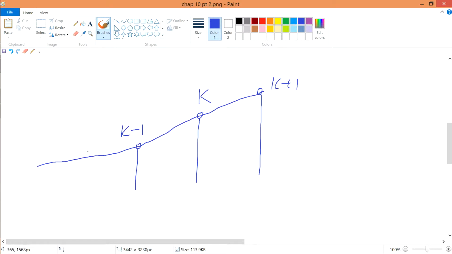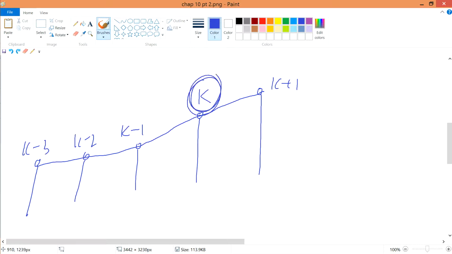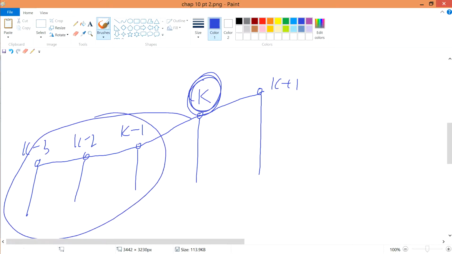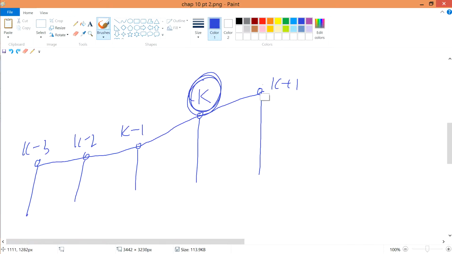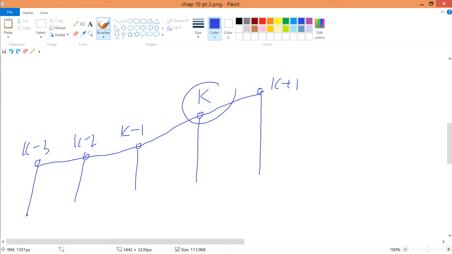These are all discrete points, k minus 3, k minus 2. So the current input, so to speak, plus the previous output will give you your new output. This thing over here is equal to this thing. If you were to sum it all together, you'll get k plus 1.